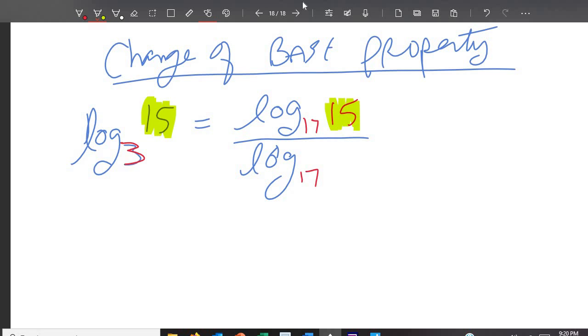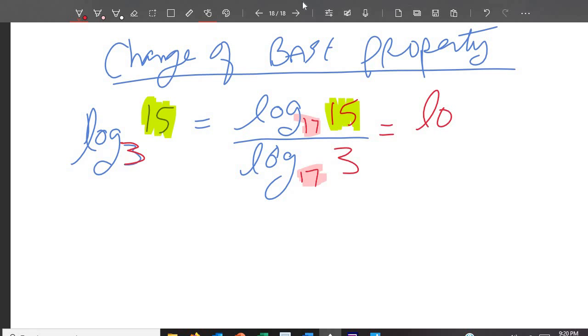The original base goes in the bottom. So I took one log and I created a fraction. In the top I put log, in the bottom I put log. I chose a different base than what we started with, which is the 17. And I put the 15 up top and the original base in the bottom. Now, this is the same thing.